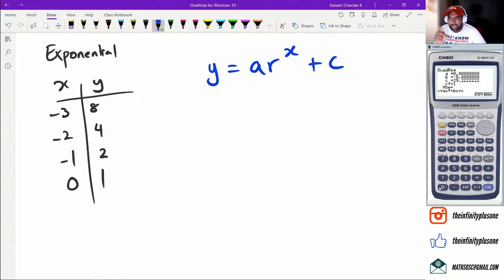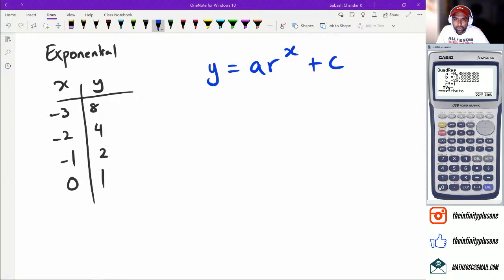The reason I use this particular formula is all the translations that you learned for parabolas work for this as well. Everything that we did for the parabolas just about 10 minutes ago is going to work for the exponential ones as well. So a·r to the power of x, where the x is in the power, plus c.